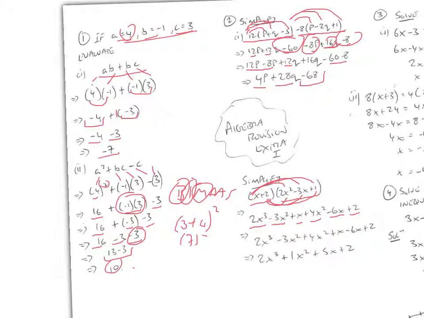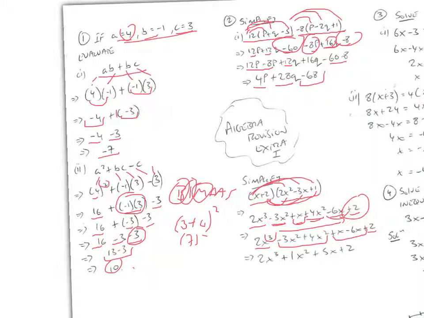Gather your like terms from the highest index down. So we have 2x cubed, we have no other x cubed terms. We have minus 3x squared plus 4x squared. Then we have plus x minus 6x, and finally we have plus 2.